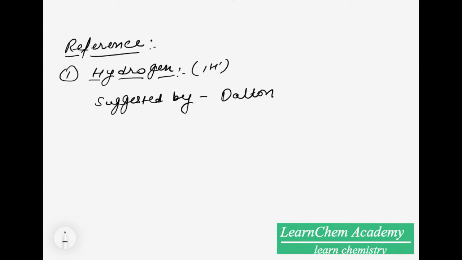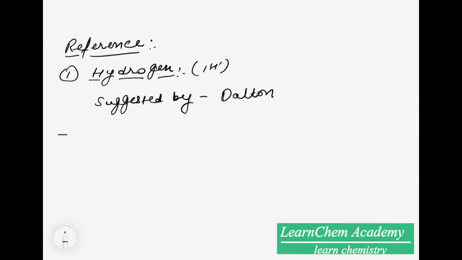So why was hydrogen taken as a reference at that time? Because the mass of hydrogen is very light, and at that time we could use it as one, the unit mass of hydrogen.